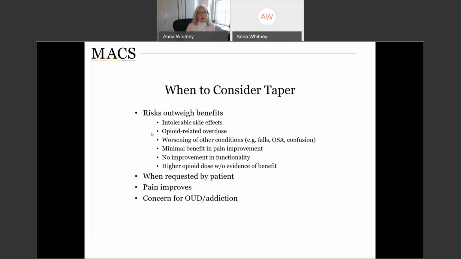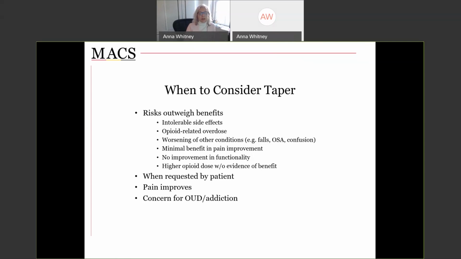Because the risks of opioid overdose increase with higher opioid doses, particularly 90 morphine milligram equivalents or higher, if there are higher opioid doses without any evidence of benefit, that may be an indication to at least try and reduce the dose.